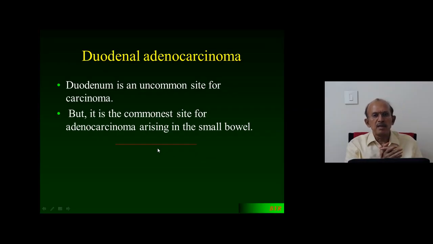Even primary tumors in the duodenum are very rare. So the duodenum is a very uncommon site for carcinomas. But when you see the statistical data of all neoplasms arising in the small bowel, including the duodenum, then the duodenum has the highest number of carcinomas.